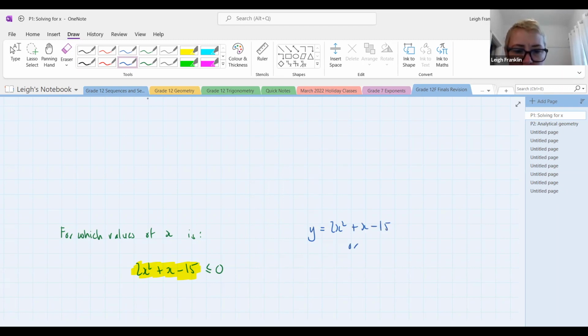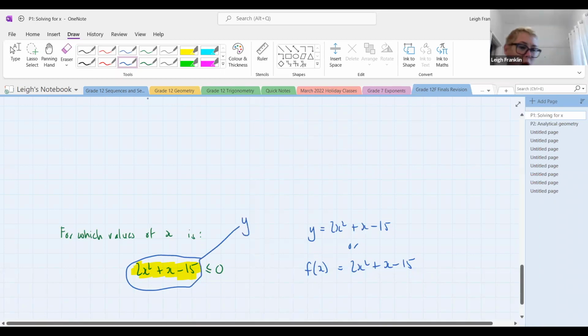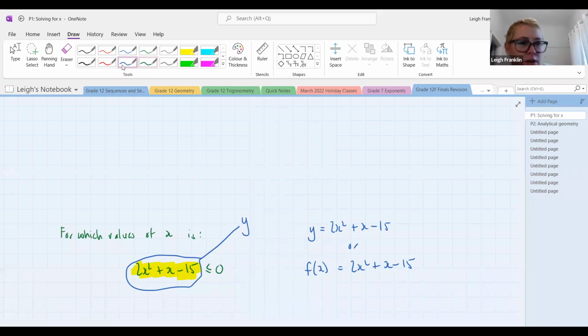Or if I used functional notation, I could say f of x is equal to 2x squared plus x minus 15. So what you need to understand is that this here on the left-hand side, this represents y. For which values of x is y smaller than or equal to 0?